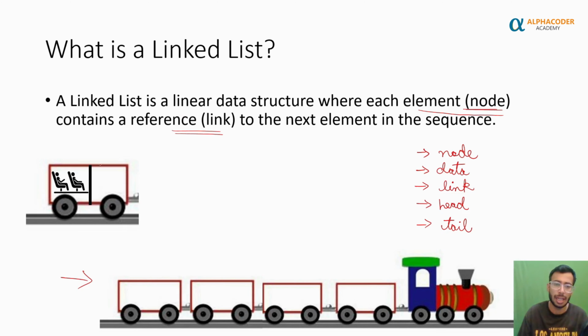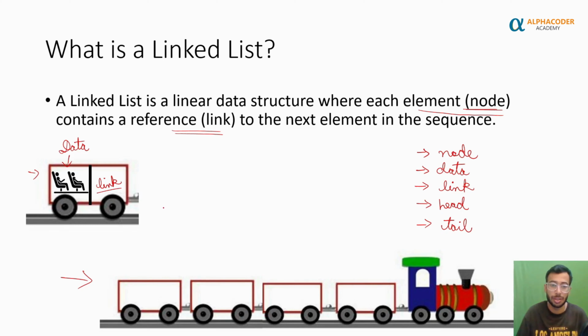So if you assume this as the bogie of the train, like one compartment of the train, this compartment is divided into two parts. The first part is what carries the passengers. Let's call the passengers our data. The other part of the compartment has the reference, or the link to the next compartment.